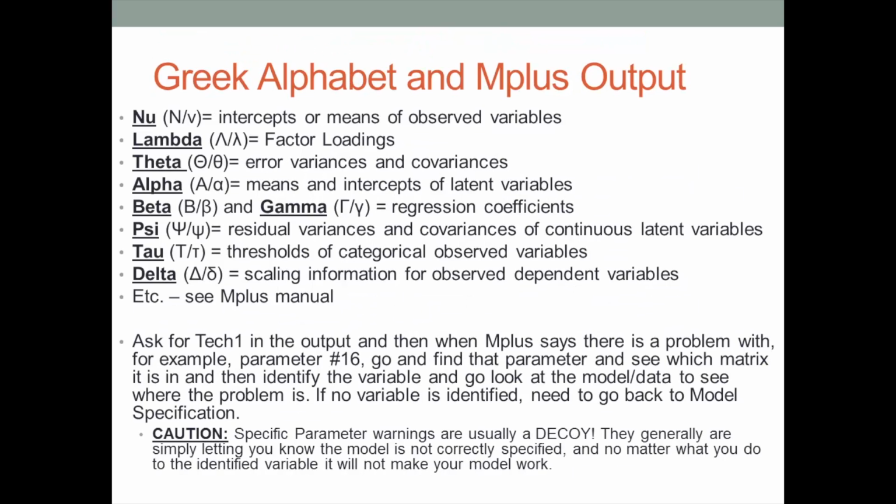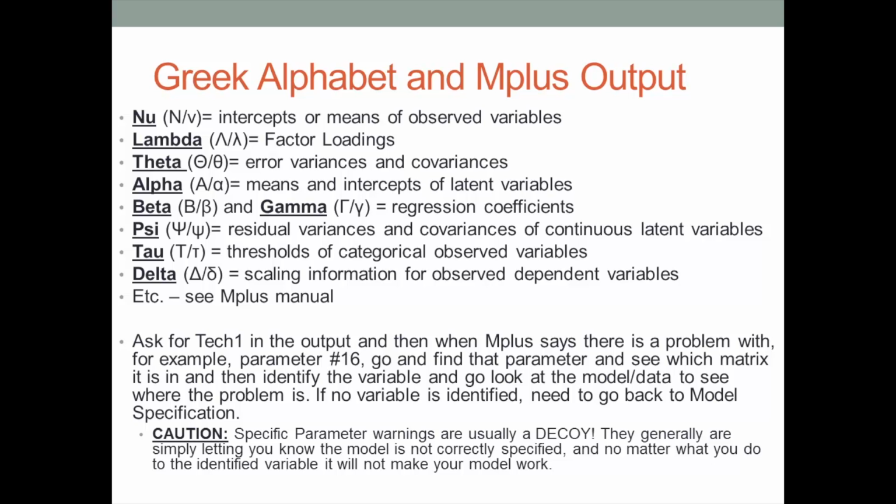Occasionally, let's say your model is estimated appropriately, you've looked at your data, you can't find the problem, Mplus gives you this technical output. A lot of times the program will say, you have a non-positive definite covariance matrix. The problem involves parameter number 16, for example.